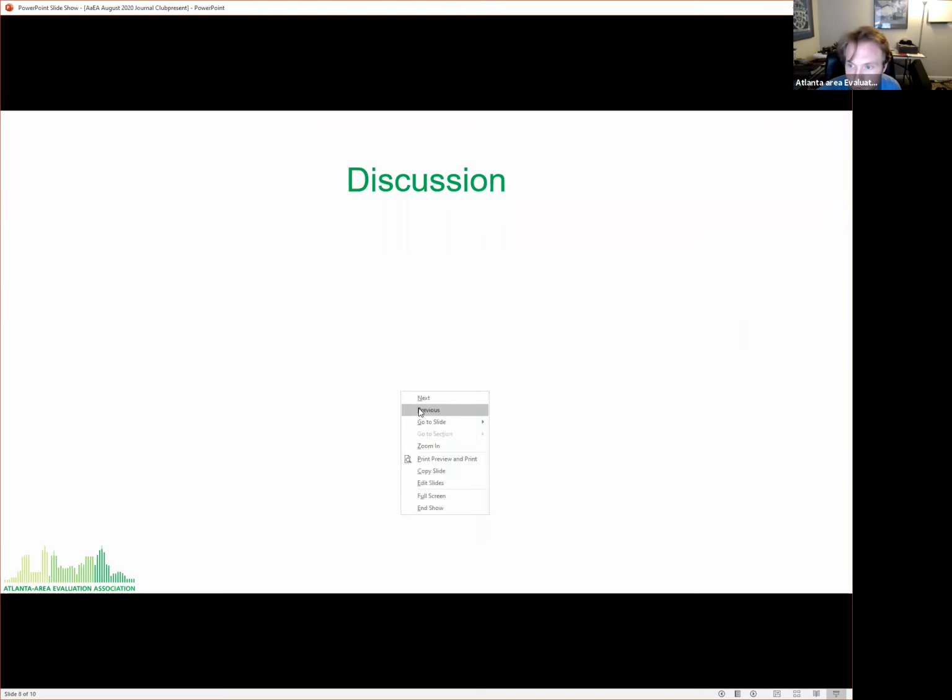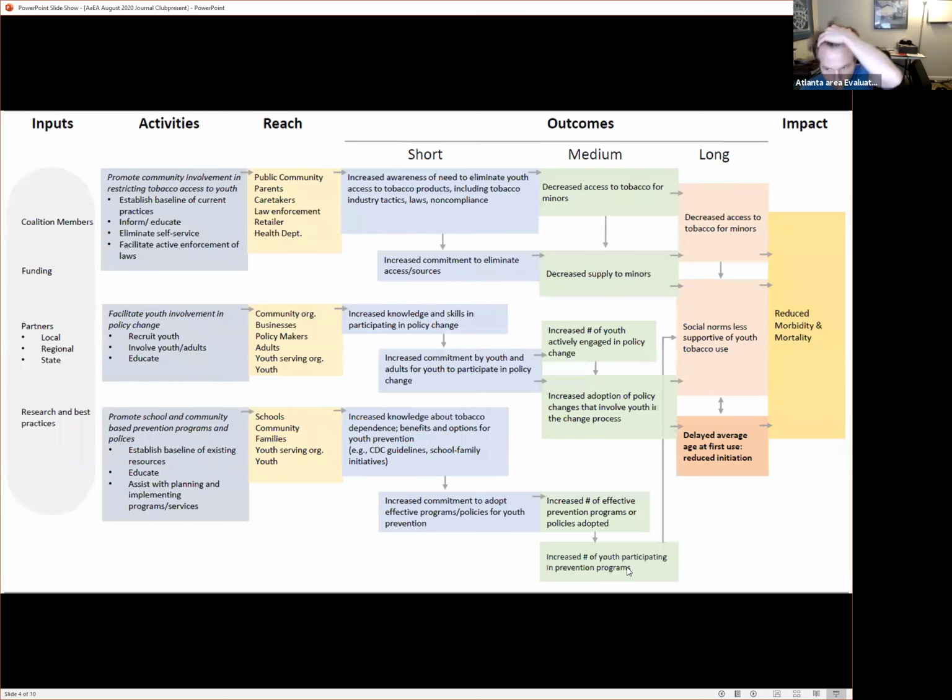One thing that I thought was interesting, and I keep finding more and more people like this when I use it at my current job, is the inclusion of swim lanes with logic models. It always makes me nervous because it adds more to a logic model, generally when I'm trying to reduce things.